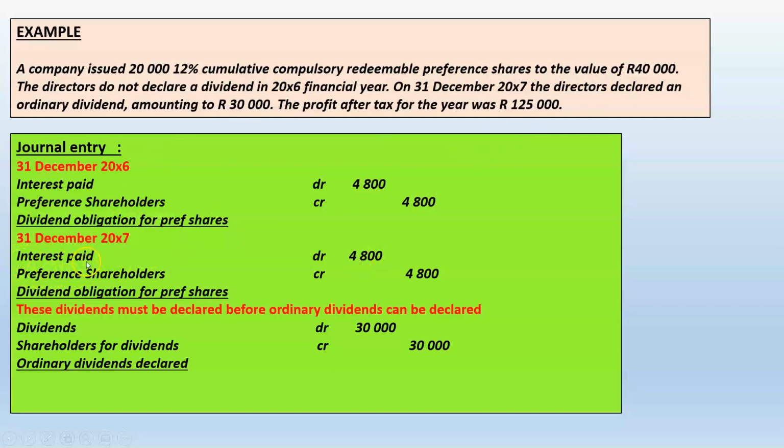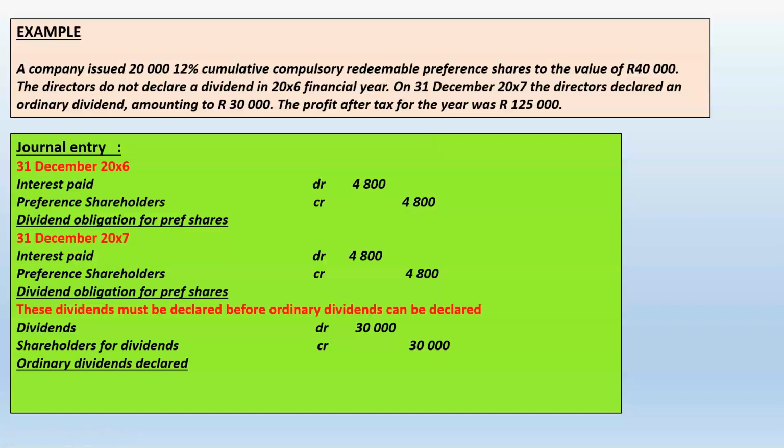So again, it's interest because this dividend is of an interest nature, so we're going to debit our interest expense once more and credit our liability account, preference shareholders, 4,800 Rand. So at the end of 27, the company owes the preference shareholders 9,600 Rand.